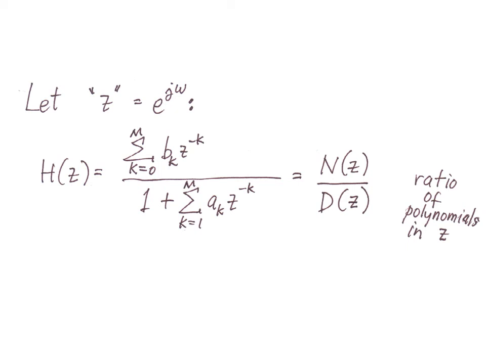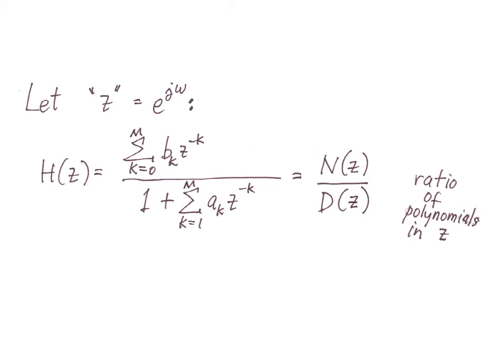That is e to the j omega raised to the minus k power. If you make that substitution, which is just a labeling operation, you'll see that in the numerator and the denominator, we have polynomials in z.